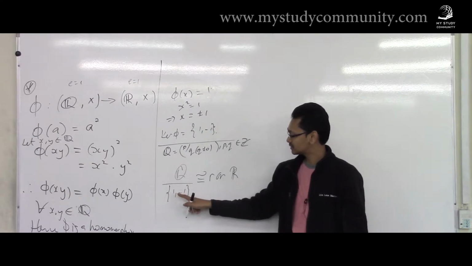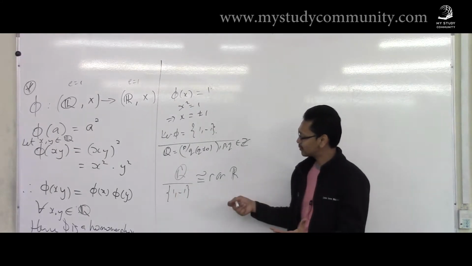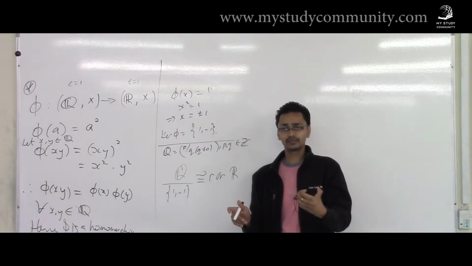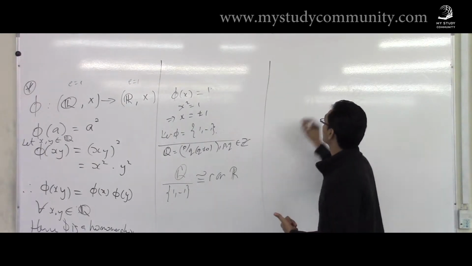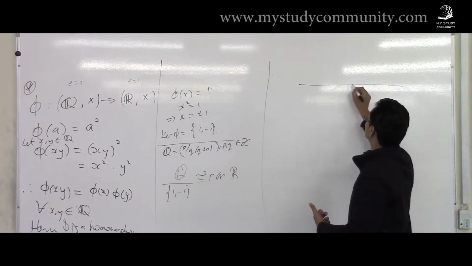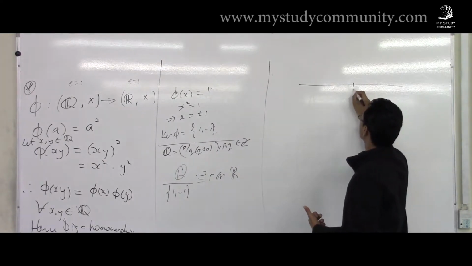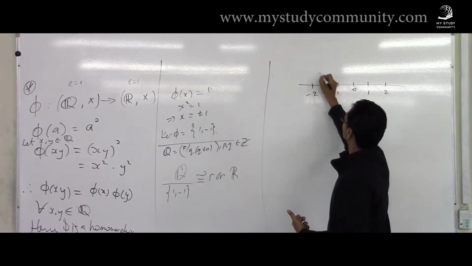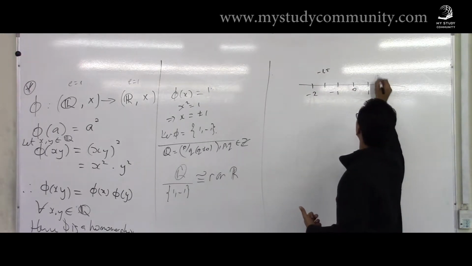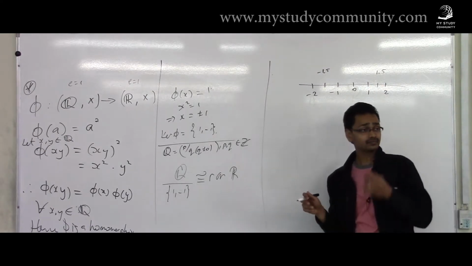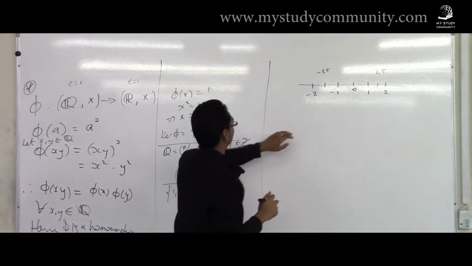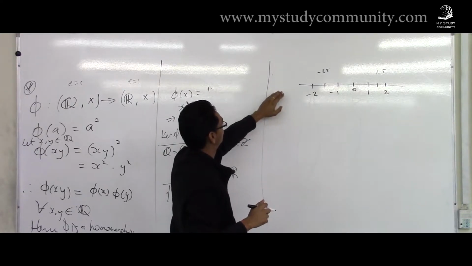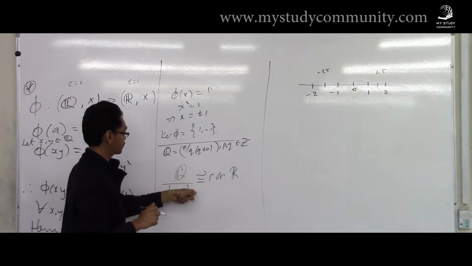So to see this a bit better, because Q has everything, I'm just going to take some values for Q so you can understand what's going on, right? So we take 0, we take 1, we take 2, take minus 1, we take minus 2, minus 1.5, 1.5. Everybody's okay? So this over this.